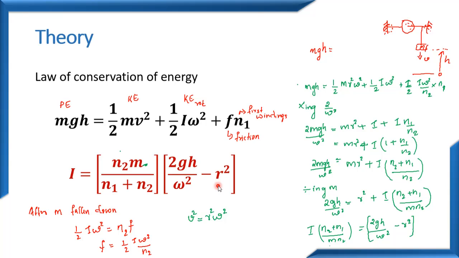Here n2 is the number of times the flywheel has rotated after the mass m has fallen down. n1 is the number of times the flywheel has rotated by us to bring the mass to a height h. Omega here is the angular velocity, and r here is the radius of the axle.